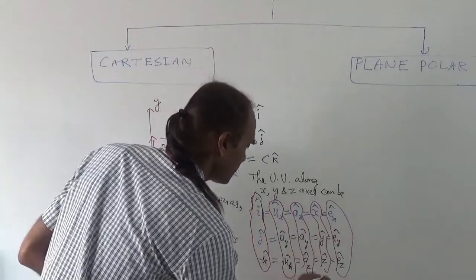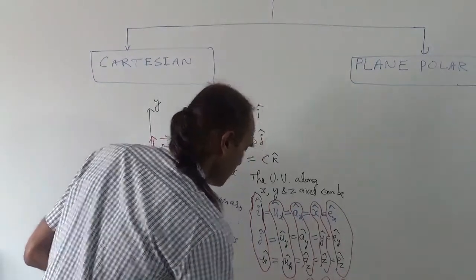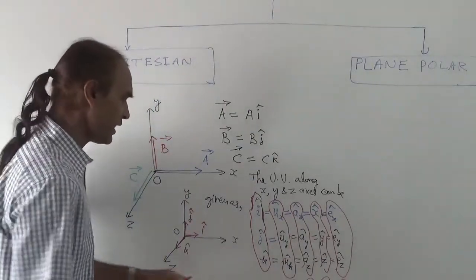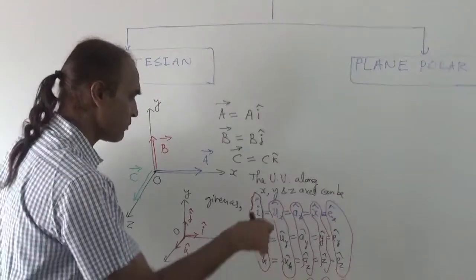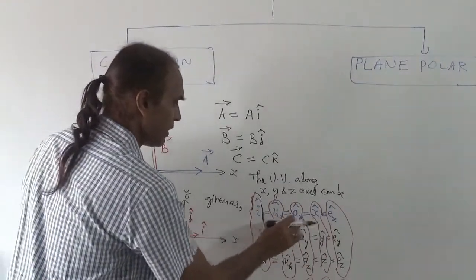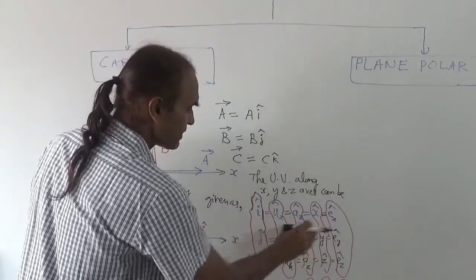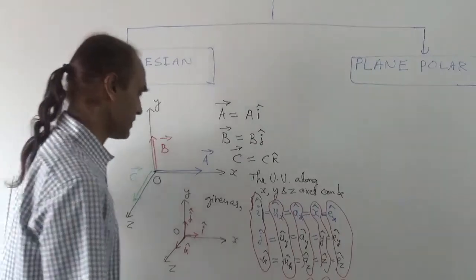Mostly these three sets you can find in your engineering study, in technical books for BTech, B engineering or BS courses. You can find the authors or professors using different sets of unit vectors along different axes.